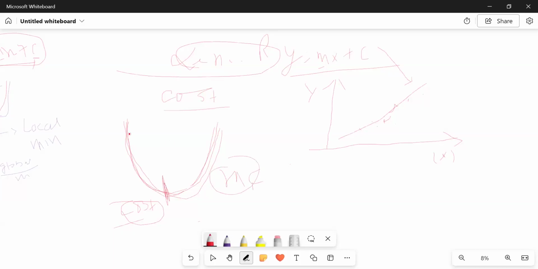For that, we apply the gradient descent technique. How does it work? We take any point on this graph, on my cost function. One thing, gradient descent always works on the cost function, not on the real hypothesis. It doesn't work on y is equal to mx plus c. Your gradient descent is applied on the cost function.